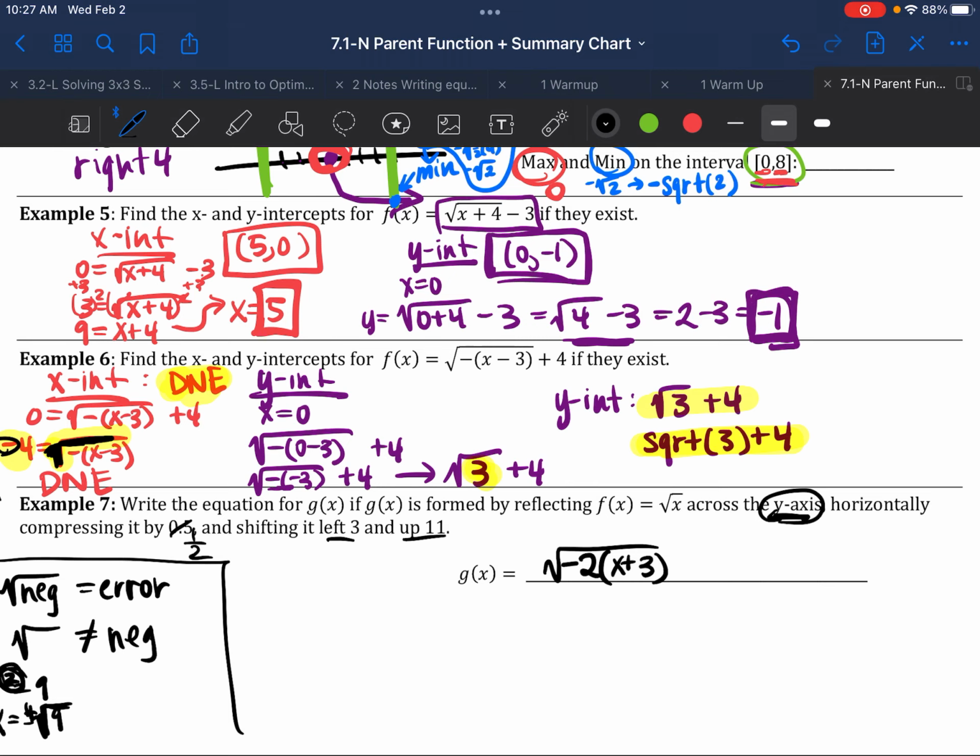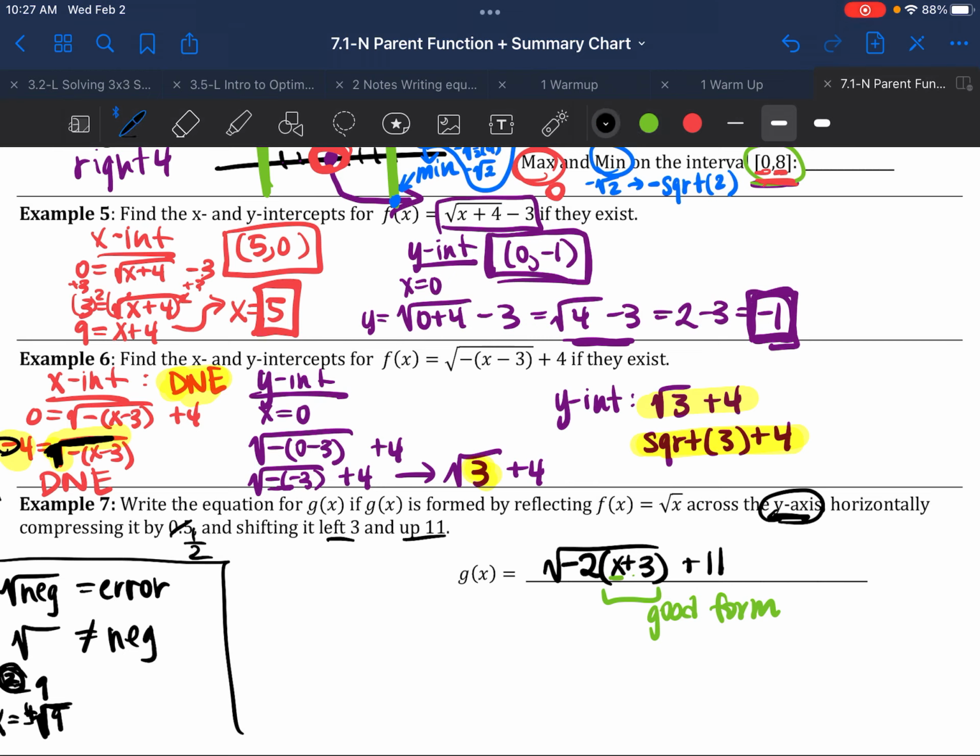Left 3, up 11. If you do not have these parentheses, it is wrong. Otherwise, it's not moving left 3 unless that plus 3 is only happening to the x. So make sure you put your double parentheses.